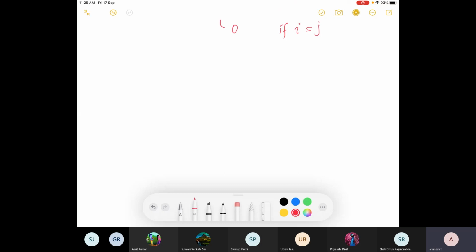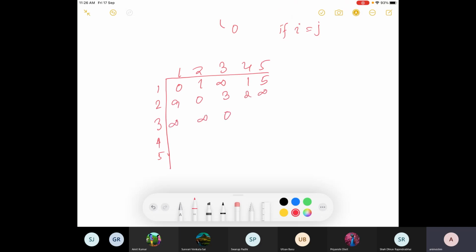So then refer to the previous figure, the graph that I have drawn. This is the weighted adjacency matrix.